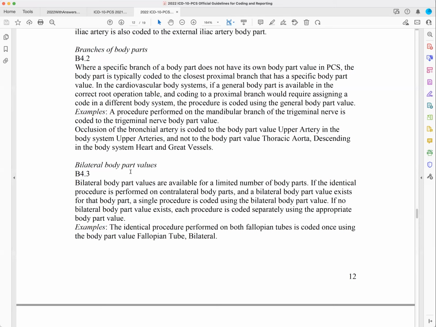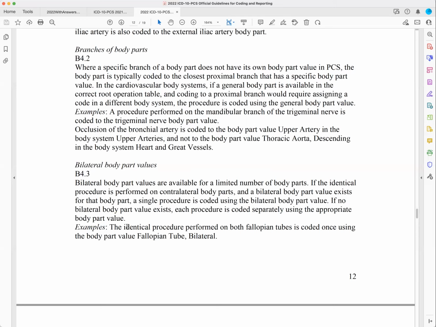So if it indicates bilateral in the actual table, that's the value that you will select. You'll only use one code because that body part reflects bilateral. If there's not an option for bilateral, then you're going to assign two codes when the procedure is performed bilaterally. You'll assign one code for the right and one code for the left.